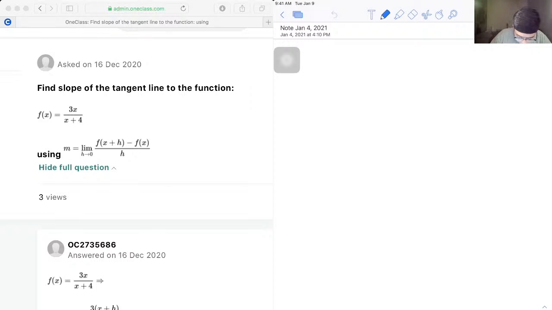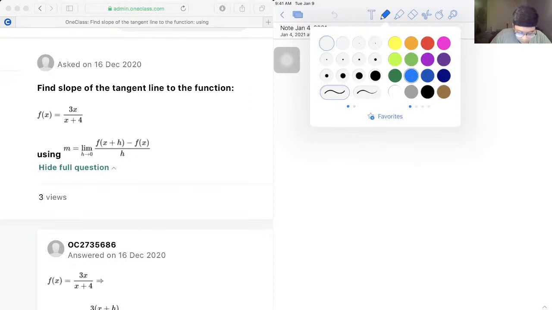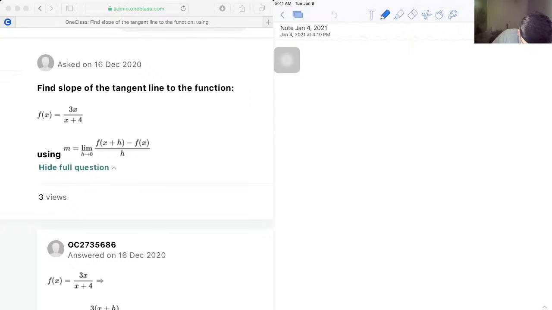Alright, so the first question today is asking us, let's copy down the question, to find the slope of the tangent line of the function f(x) = 3x over x plus 4.